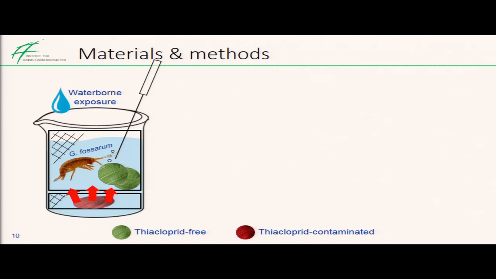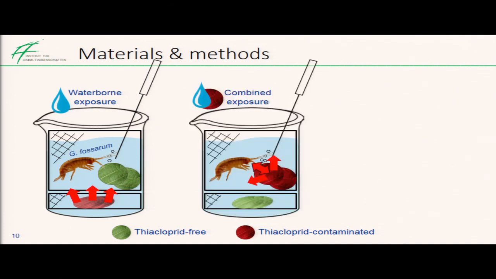So we canceled out basically the uptake of the contaminant via food. Another system was to give them access to this leaf material, let them feed on it, generate at the same time also the waterborne exposure. So this is the combined situation that we had in the experiment before, right?